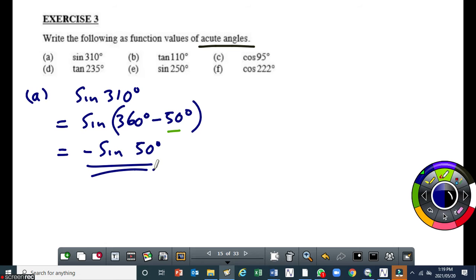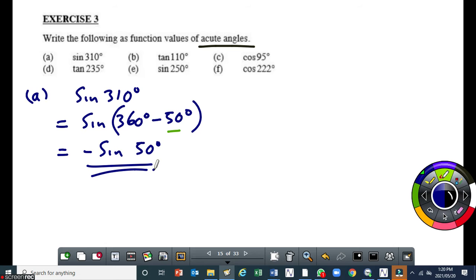Which angle can we subtract from 360 like this to get 310? Which acute angle can we subtract from 360 to get 310? So 310 degrees can be written as sine of 360 minus 50 degrees. Do you agree with me that 360 minus 50 is equal to 310? Yeah. And then we apply the reduction. No calculator, by the way. I'm not supposed to use a calculator to do this.